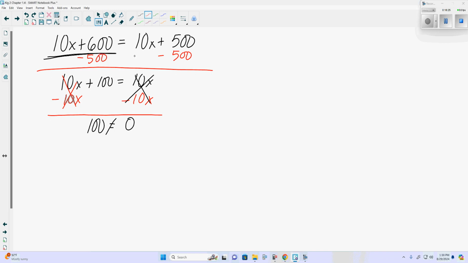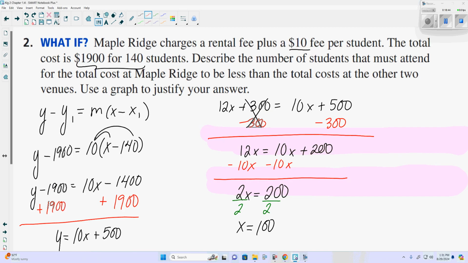How much is it increasing for Maple? So they're increasing at the same rate. So is there any chance these are going to cross? No, they're parallel, because if the slopes are the same, they are parallel lines. They'll never cross. So these two, well, since Maple started out cheaper, Maple will always be cheaper than Sunview.